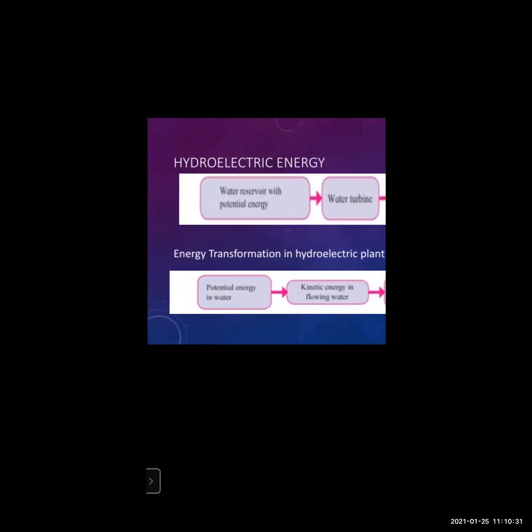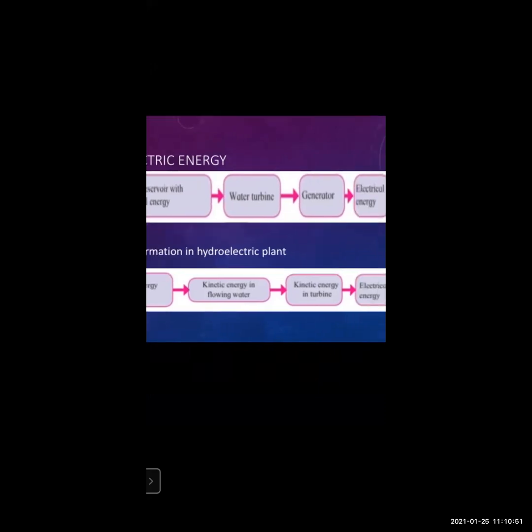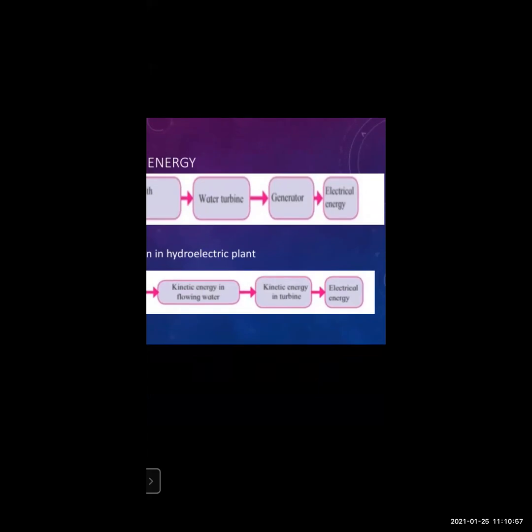By observing energy generation using water energy, we come to know that the potential energy in water is converted into kinetic energy in flowing water, and this kinetic energy is converted into electrical energy.